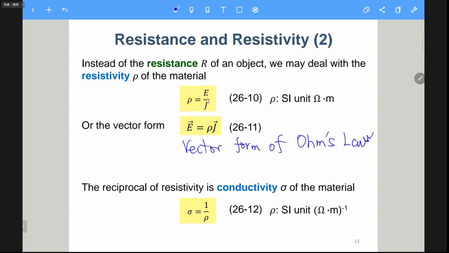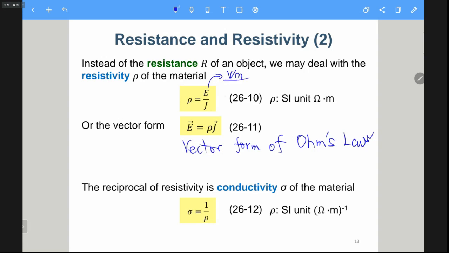So the SI unit of it will be ohm meter. You can simply check it. If you still remember, the SI unit for E is V over m.